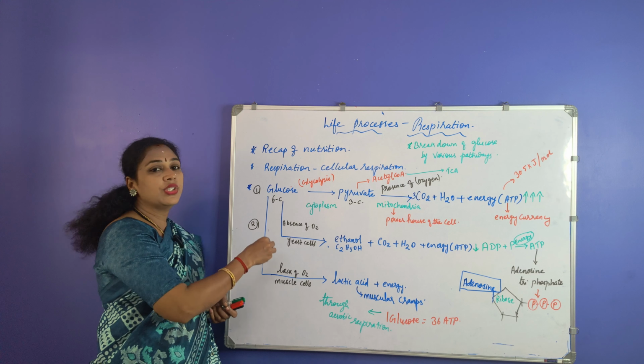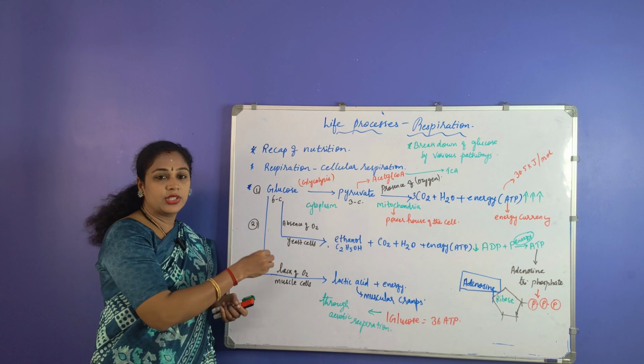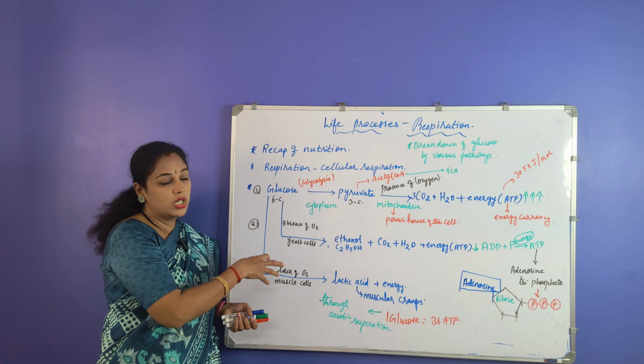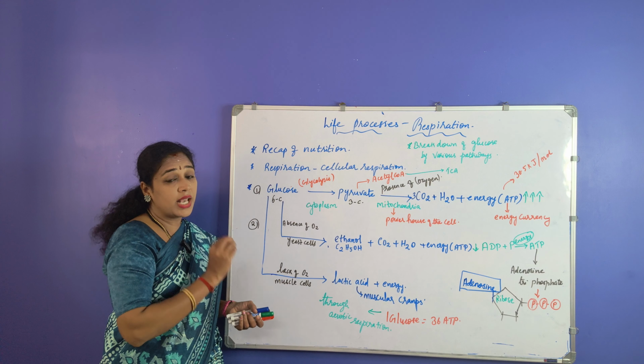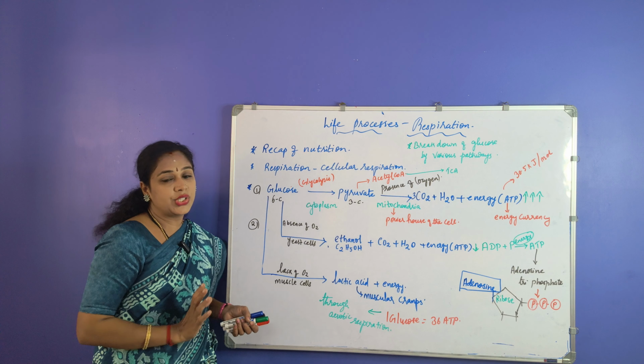The process is called glycolysis. What is glyco? Glyco is the word for glucose. Lysis means the breakdown. So the breakdown of glucose is called glycolysis, and that pathway is called the glycolytic pathway. This breakdown of glucose takes place in every cell.